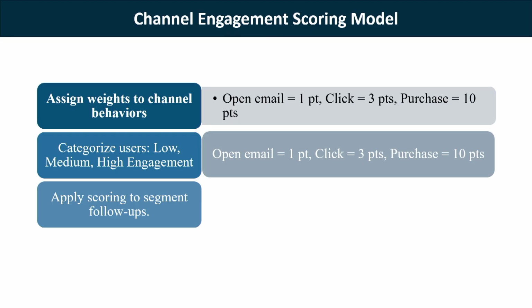If you have a high engagement score, I can fairly assume that you are likely to purchase our product in the near future. If you have a low engagement score, probably you are not ready as of now to purchase our product. One example of how we assign the engagement score can be, let us say, if you open an email, it means you have some interest, you get 1 point. If you click on this one, then it means that probably you are in the consideration stage, so you will be assigned a 3-point score.